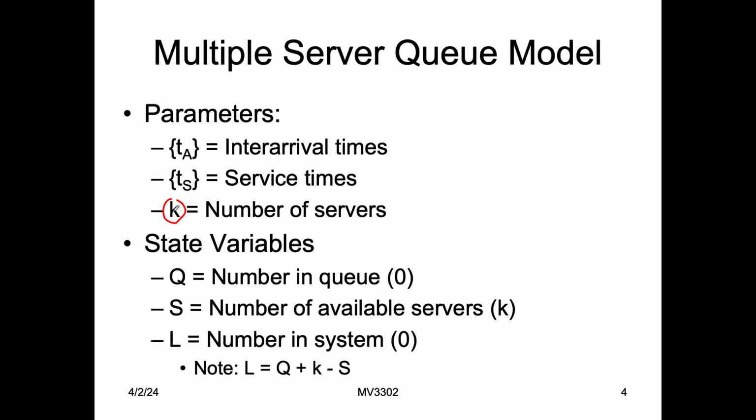Or maybe we have too many. Maybe we need to fire some of them because they're sitting around doing nothing. When you're looking at the cost of these things, if I'm literally hiring a server, typically I have to pay them whether they're working or not.